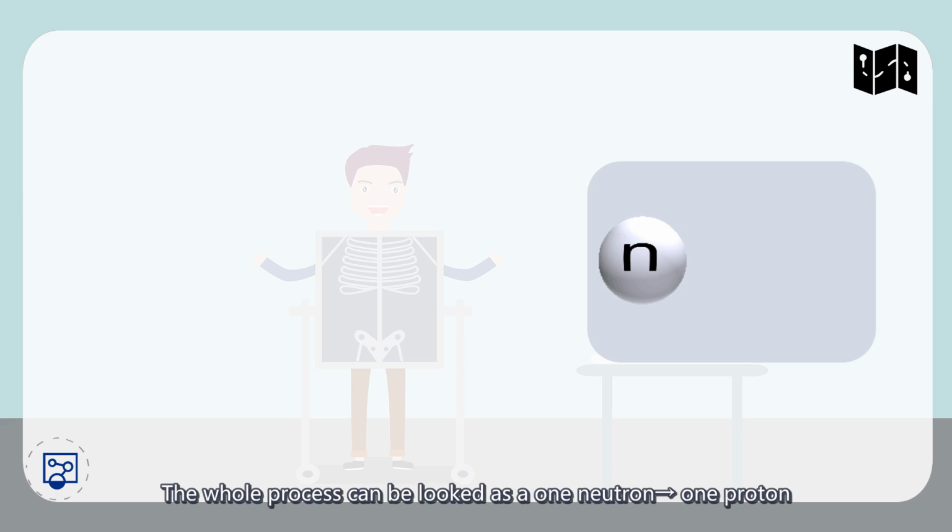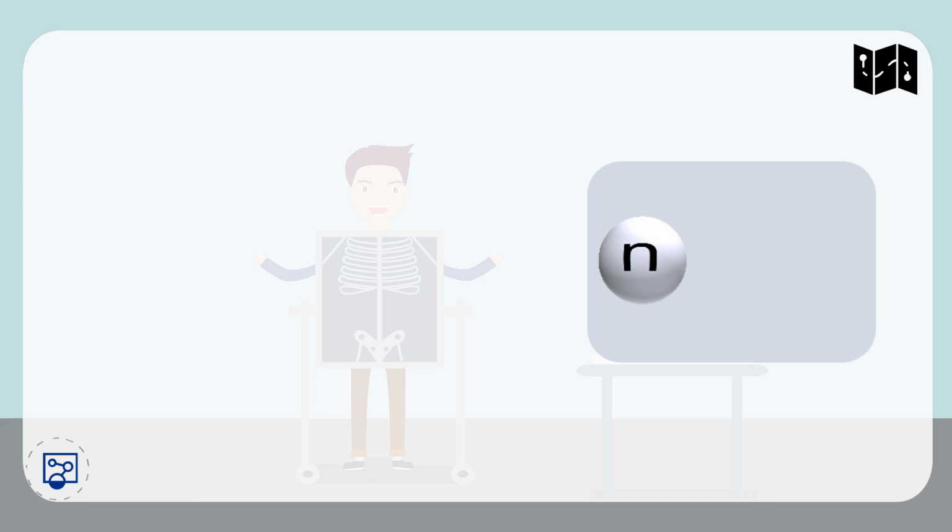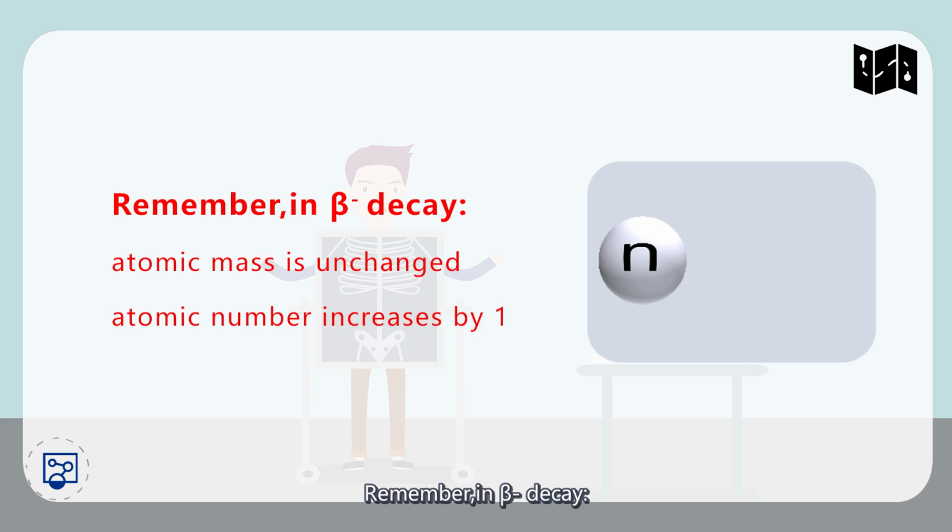The whole process can be looked at as one neutron changing to one proton. They can be more stable by emitting a beta particle. So remember that in beta-minus decay, atomic number increases by 1 and atomic mass is unchanged.